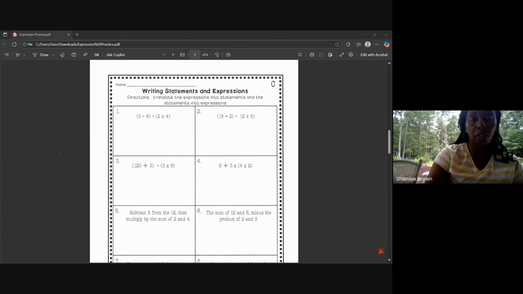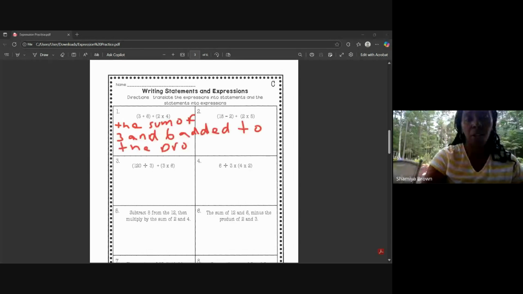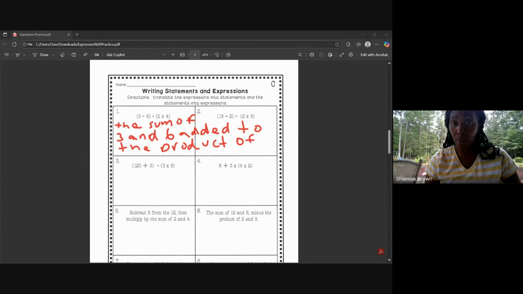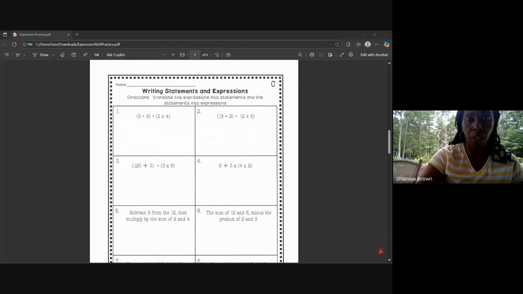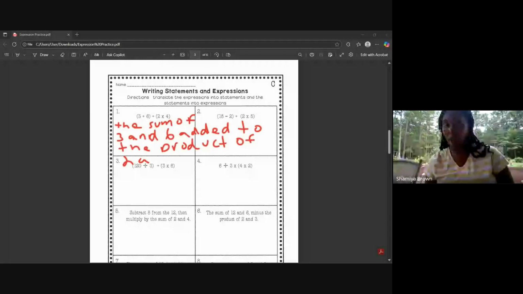So I can write that as the sum of 3 and 6 added to the product of 2 and 4.